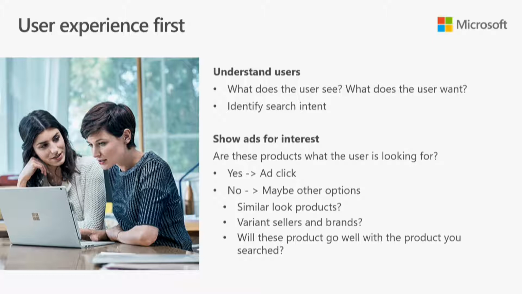If not, maybe we can show other options, like other similar-looking products, or products from different sellers, different prices, different brands. Or if you are searching for fashion products, we can recommend some fashion mix, some products that may go well with the product you're looking for.